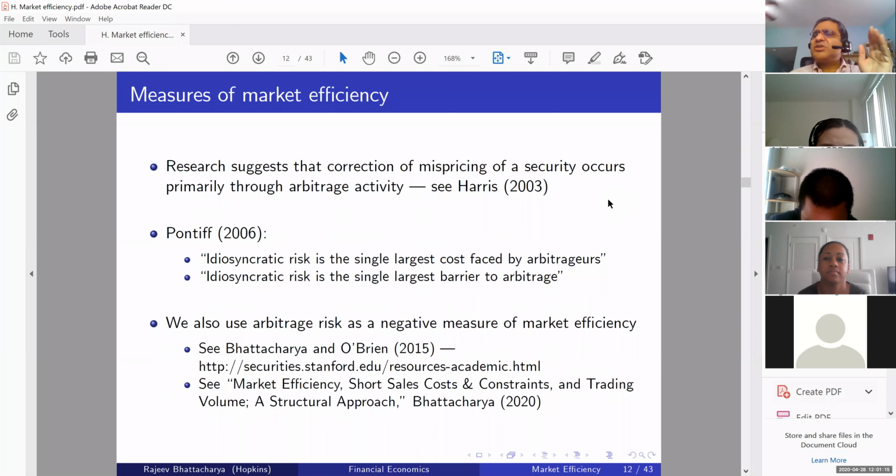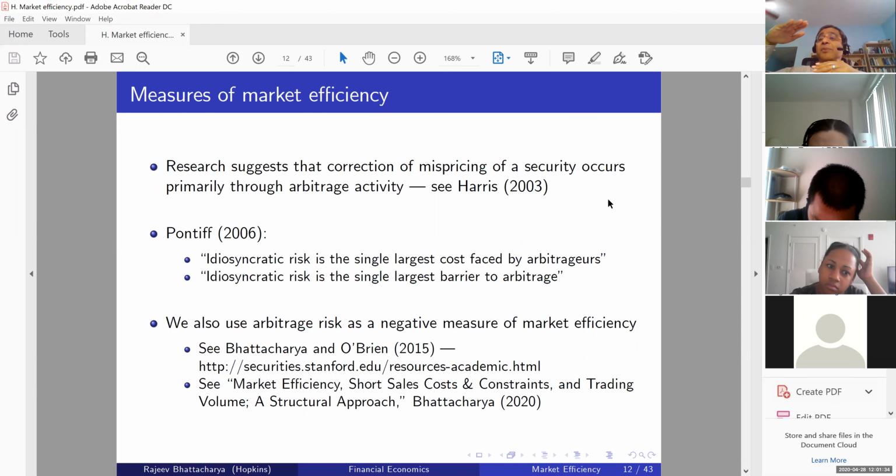One of the things is, how does market efficiency happen, and what is the role of the arbitrageur, or as Shing mentioned, a speculator? The idea is that market efficiency happens through the activities of these people.